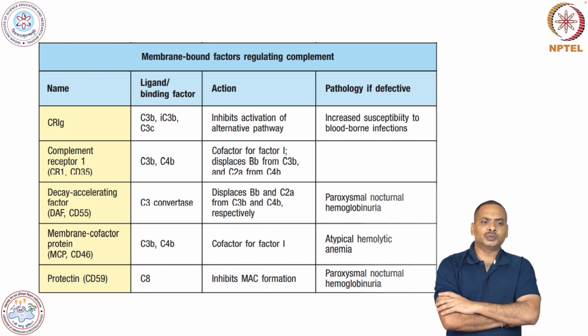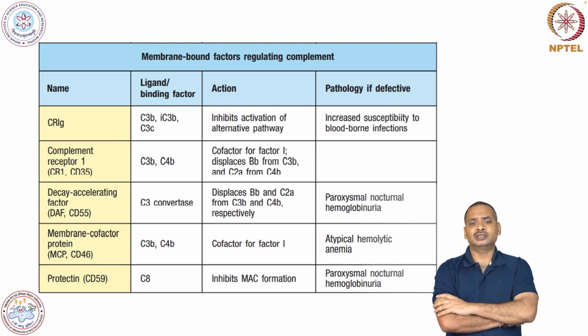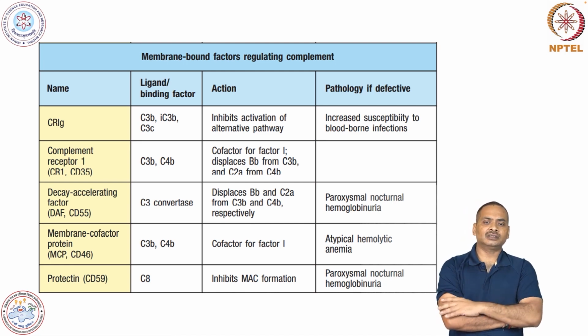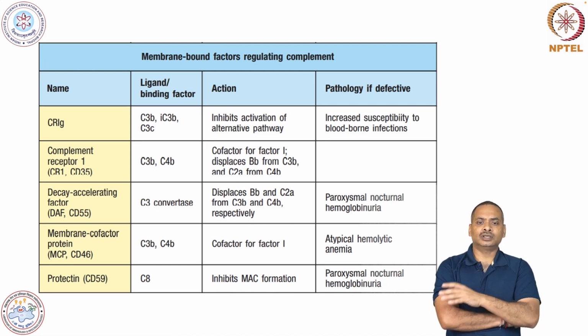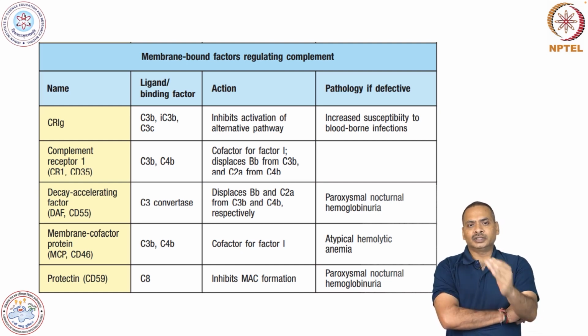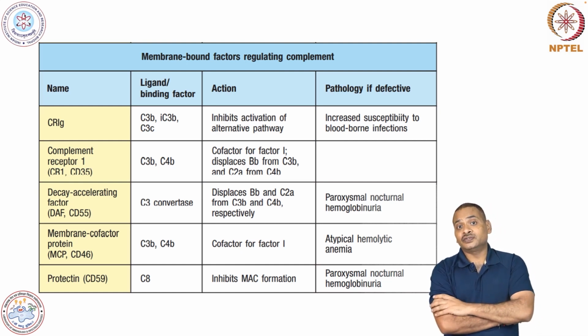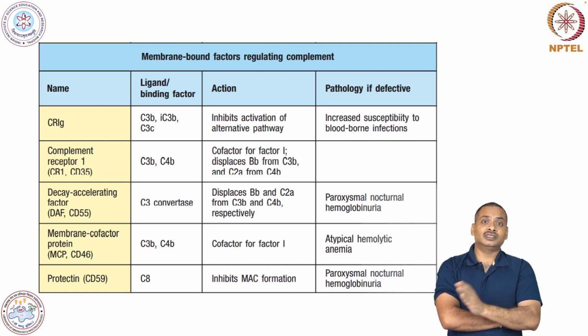Another molecule is protectin, also known as CD59. It interacts with C8, and basically it inhibits MAC formation, and its deficiency causes paroxysmal nocturnal hemoglobinuria. So these are the regulatory factors, and you can understand that if there is some problem in these factors, it results in the development of disease.